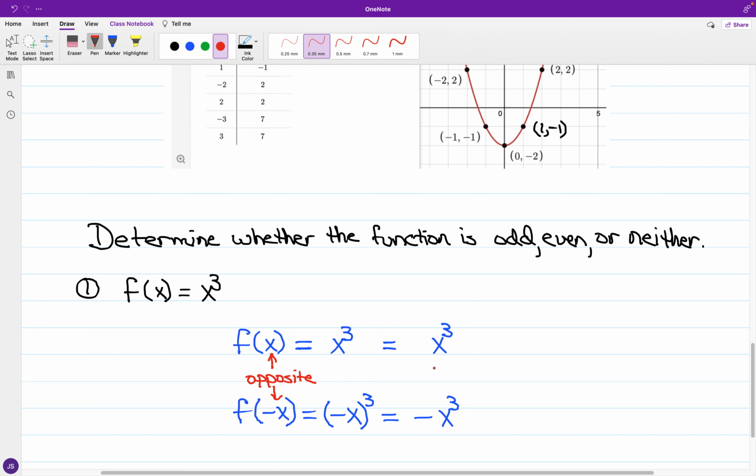For the outputs, for f of x, you had the output at positive x cubed, whereas for f of negative x, you have opposite sign. If you have opposite sign inputs leading to opposite sign outputs, this cubic function winds up becoming odd.